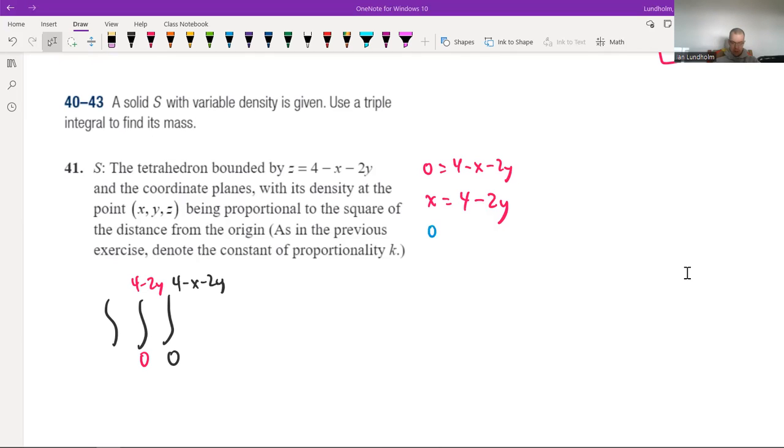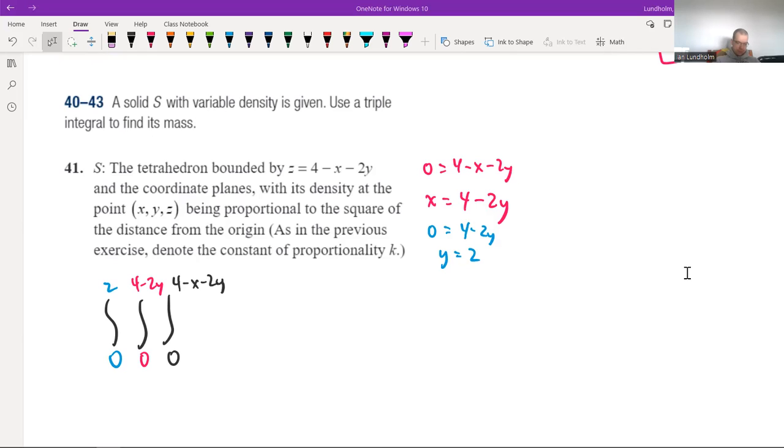So 0 is equal to 4 minus 2y, and y is equal to 2. Looks good there. 0 to 2. And those look like some good bounds. We just need to make sure that that matches with dz, dx, dy.